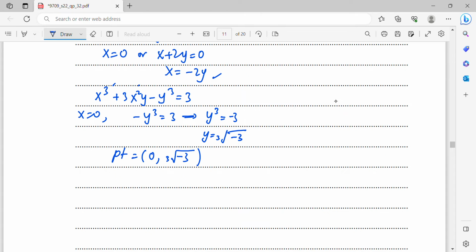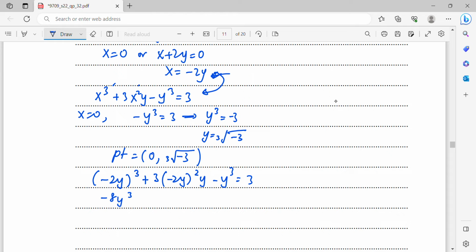Then my second point happens when x equals minus 2y. So now I'm going to substitute this into my curve equation. So (minus 2y) cubed plus 3 times (minus 2y) squared, which is my x squared, multiplied by y, minus y cubed equals 3. The cube of minus 2y is minus 8y cubed.